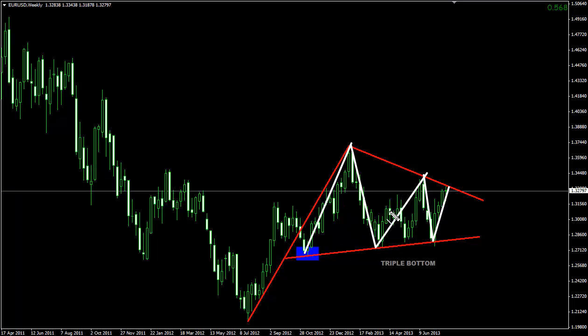And usually the triangles suffer the breakout either to the upside or to the downside after the fifth wave, or just at the fifth wave. And we can see here that we are at the fifth wave, so we might take a breakout as imminent. The breakout could be imminent right now, so the market could break either to the upside or to the downside.